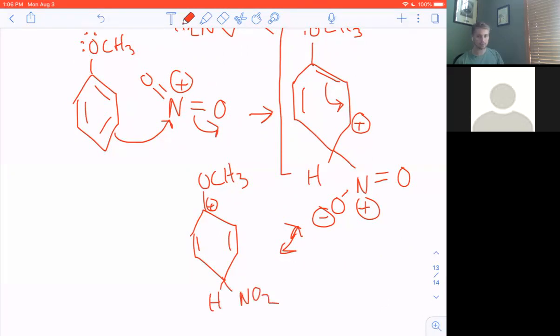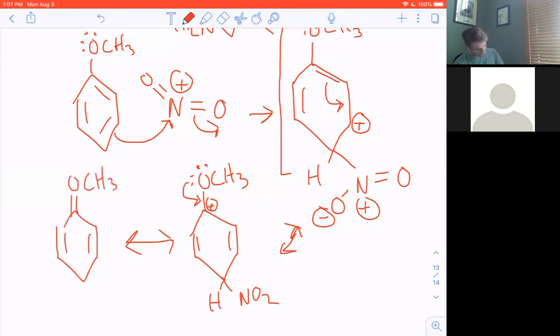The next one, and this is the one that's going to trick a lot of people, so do not be concerned if you miss this. And I just went over this kind of, but looking at this, since you have those lone pairs, one of them can move down there, and you're going to get this structure. And now the positive charge is on oxygen.